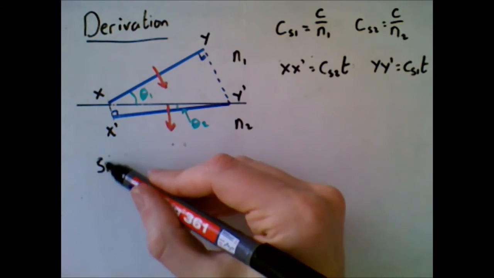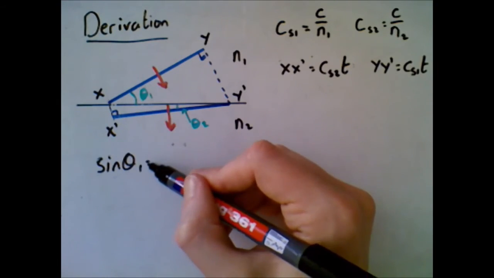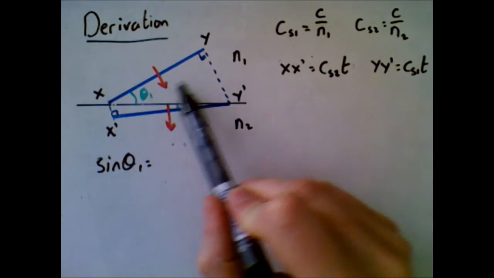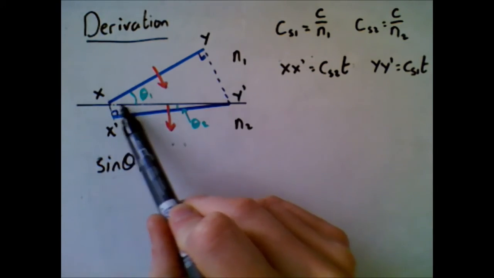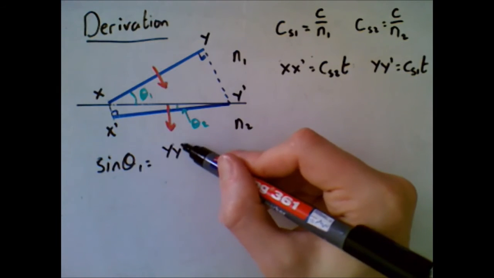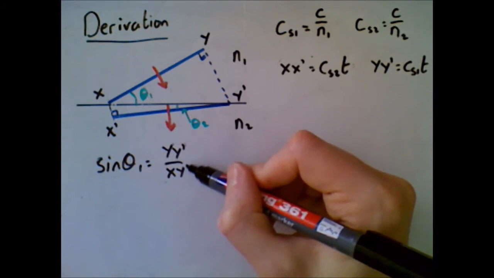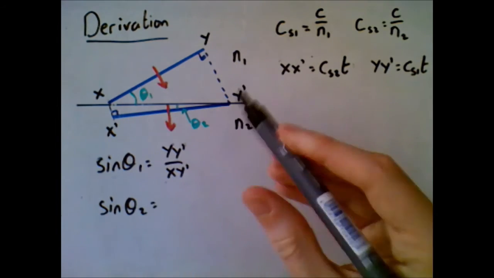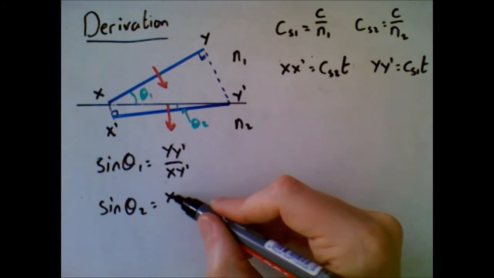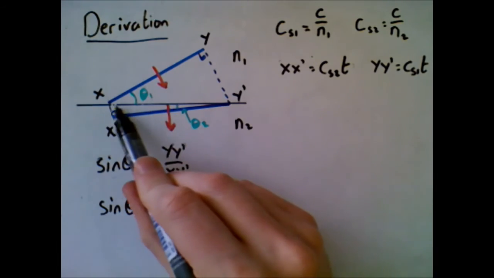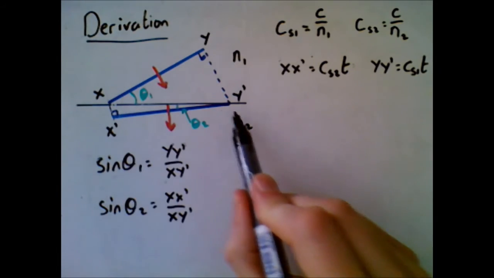Right, just using a bit of trigonometry, a bit of SOHCAHTOA. Sine θ1, well, opposite over hypotenuse. So opposite here is y prime. Hypotenuse is this line here, xy prime. So it's y prime over xy prime. Sine θ2 is then, by the same argument, x prime over xy prime, because it's this same central line, xy prime.